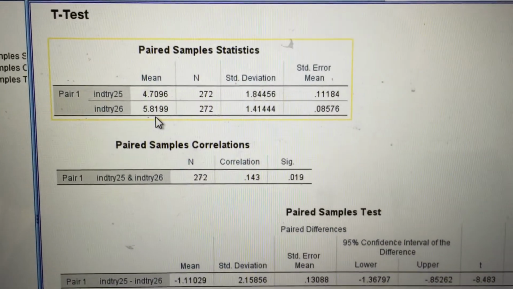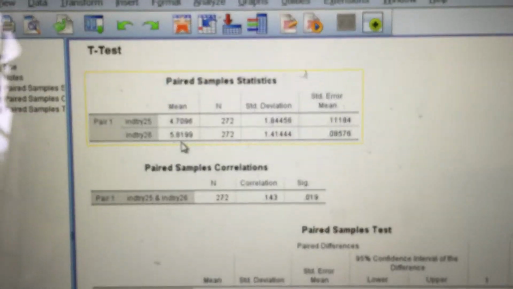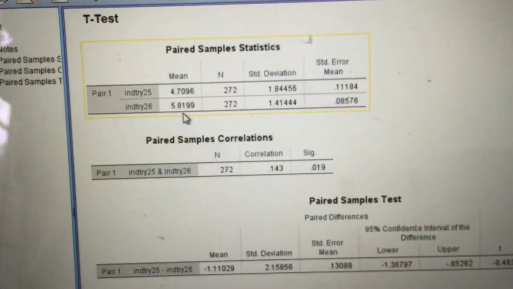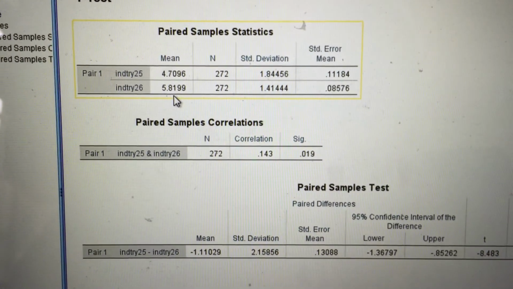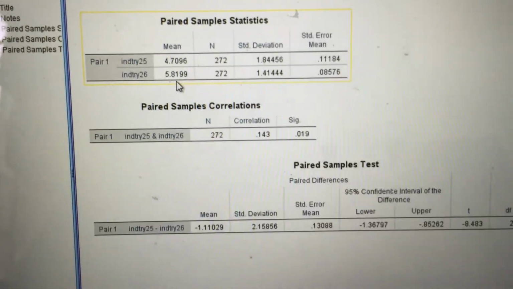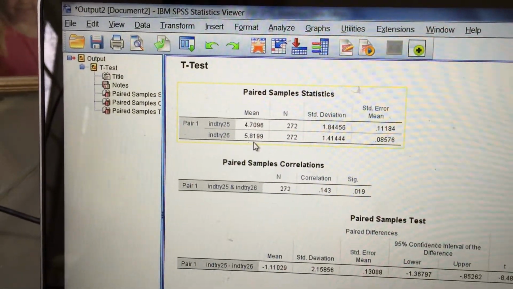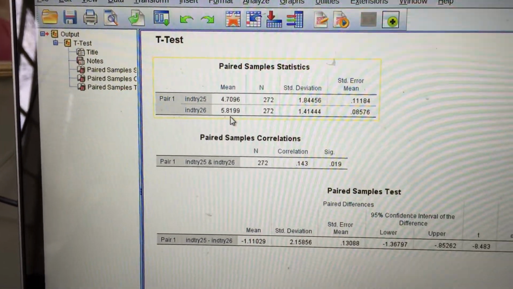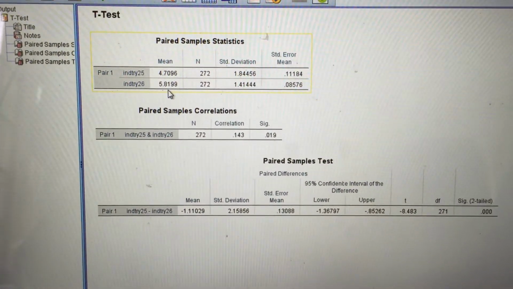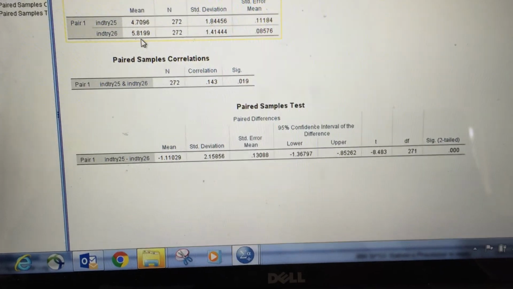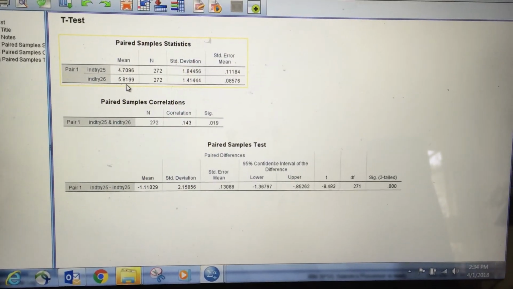So that means our respondents, 4.7 is close to some would agree that artists make their money on CD sales, but we have a 5.82 for 26, artists make their money on concerts. So our respondents pretty close to agree that artists make their money on concerts, and only a little bit less than somewhat agree that artists make their money on CD sales. And that is all you have to do to analyze the paired sample t-test.